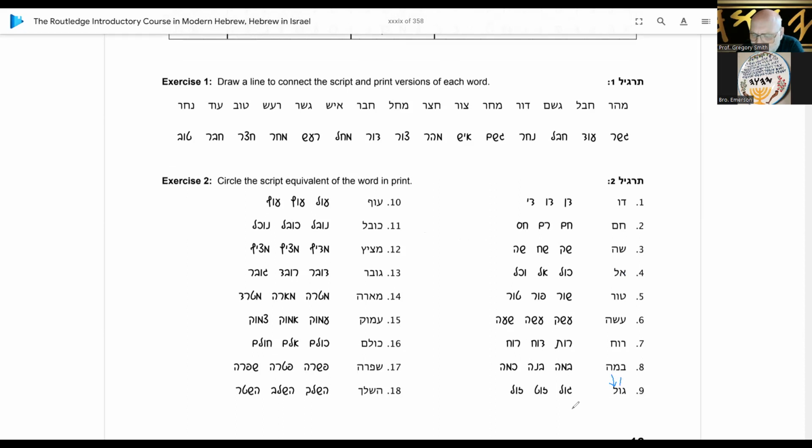If I were to guess, actually, I think this one's out of the running because that looks a little longer to me than a vav. Definitely not this one, because that's a tet. So it's not that. It's down to these two right here.